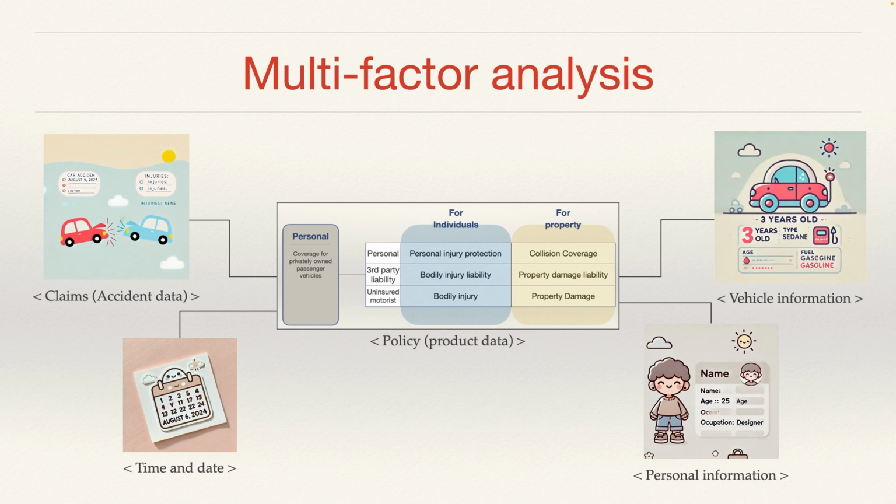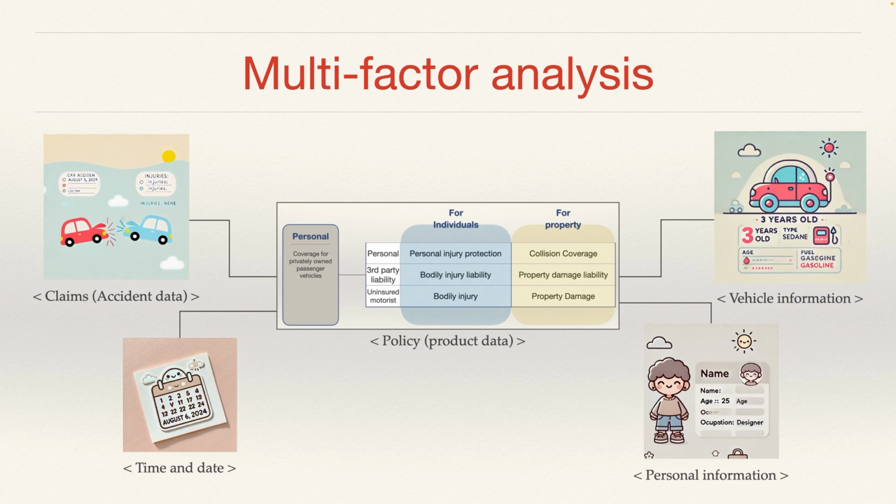So let's say we're mainly focusing on collision coverage. You can try to identify the difference of collision coverage and property damage. After you identify how those products are different, you can then drill down into other categories.